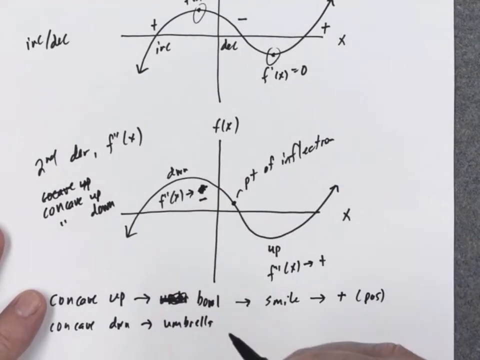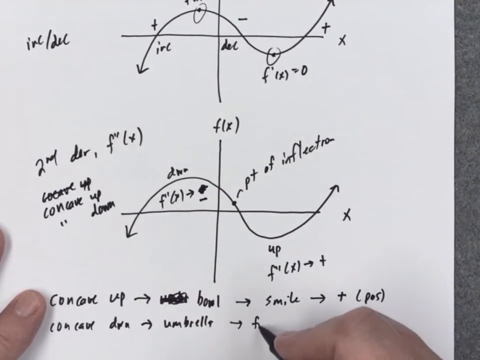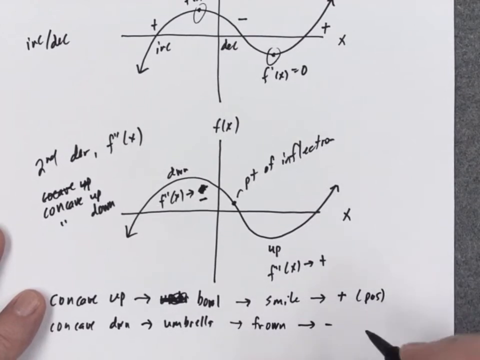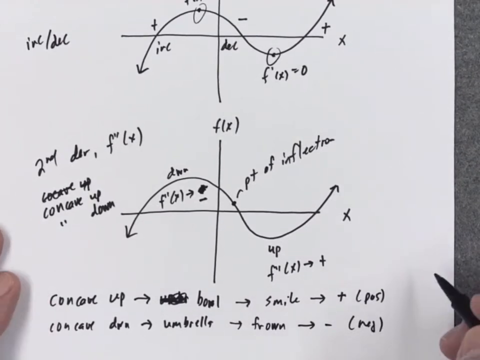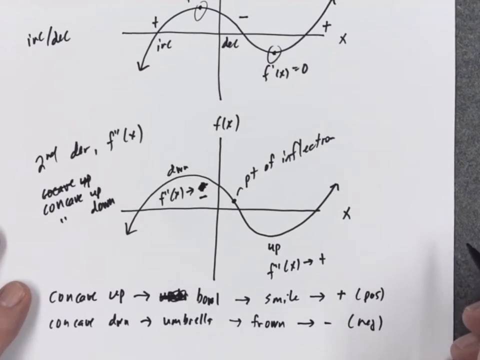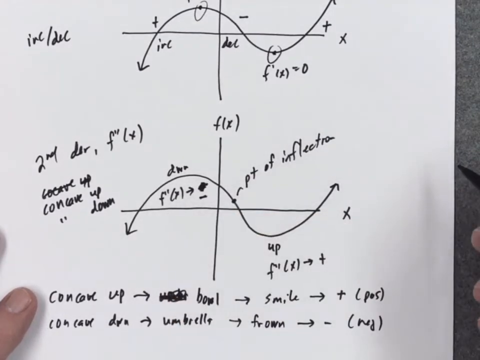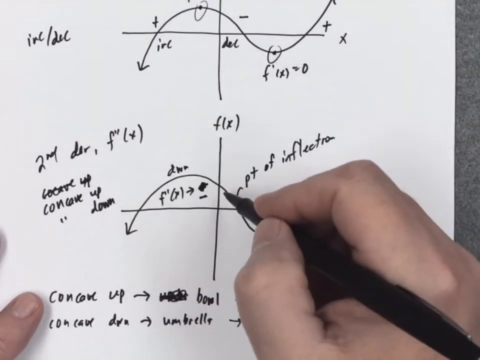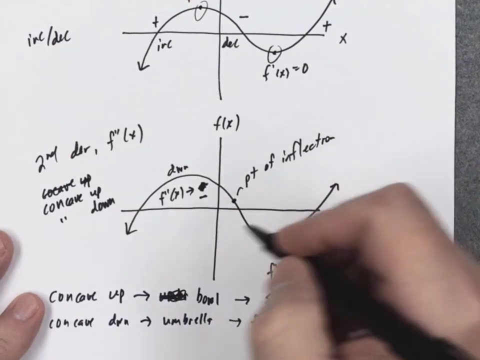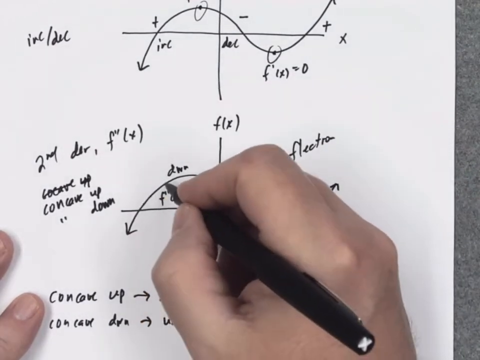A person who frowns is a negative person. So that's one way I remember concave up, concave down.